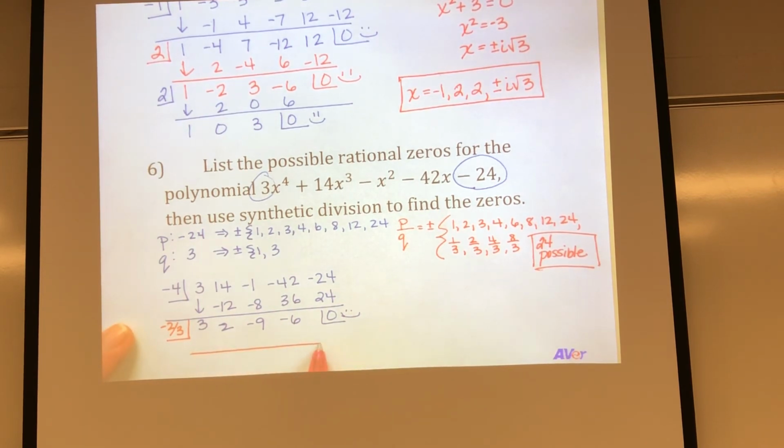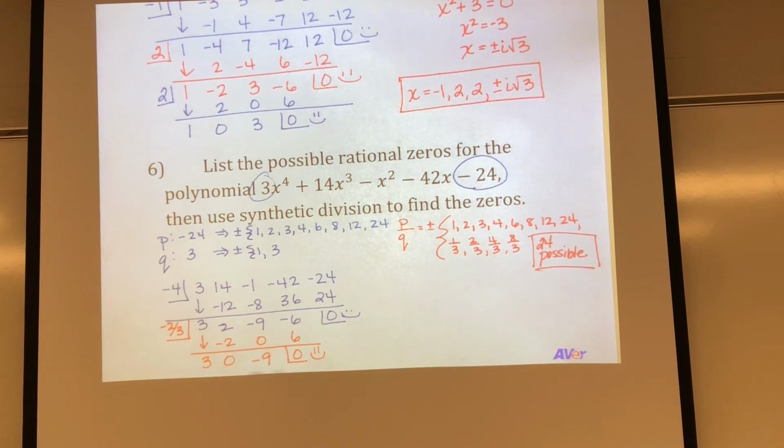Now, obviously, if no one's telling you what numbers to use, you are just randomly picking numbers and trying them out to see if you get a 0. It is a little bit tedious of a process, but that's how you do it if you're not sure where to begin.